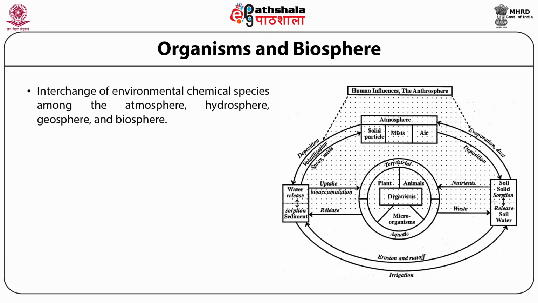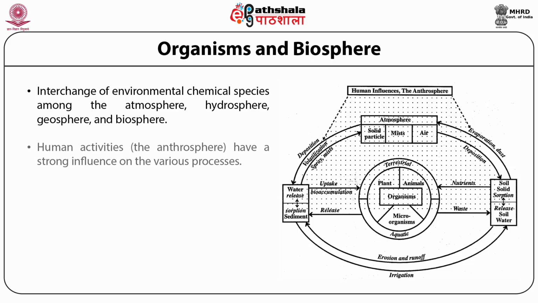What is the interchange of environmental chemical species among the atmosphere, hydrosphere, geosphere and biosphere? Human activities, which take place in the anthrosphere, have strong influence on various processes.